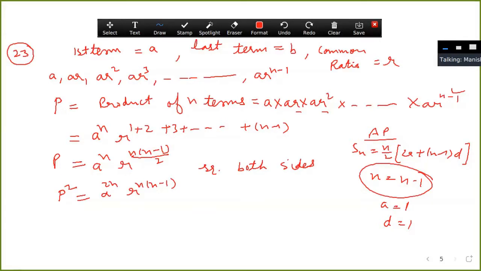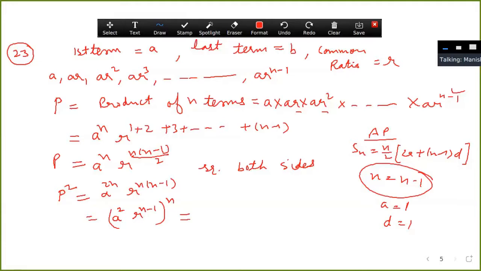And you can write it like this: a to the power 2, r to the power (n minus 1), whole power n, because the power n is there in both the terms. A and r both are having this.